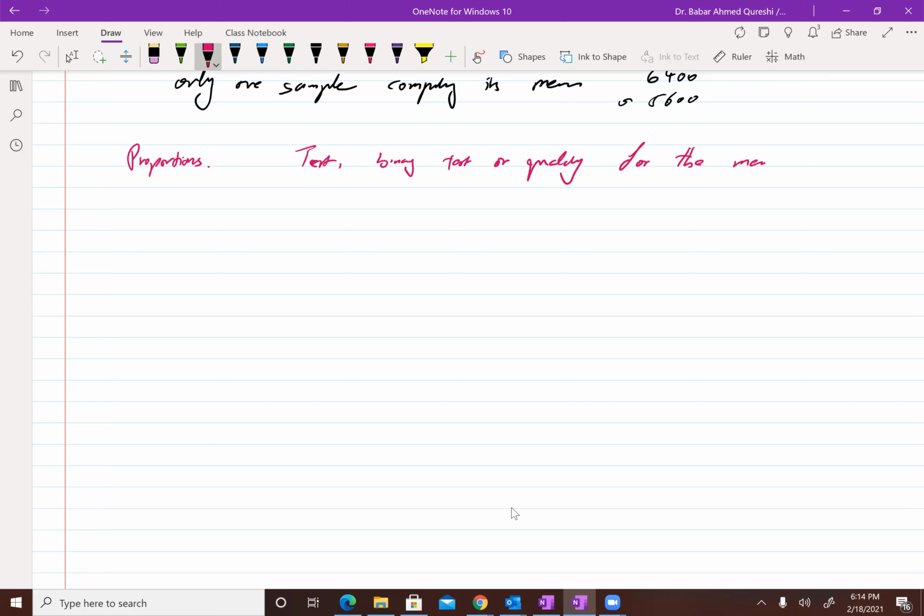For example, in a population, in a class, how many are females? So for each member in the class, you check, are they female? If they are female, then you pass. If they are not female, then they fail. So then you can compute the proportion.